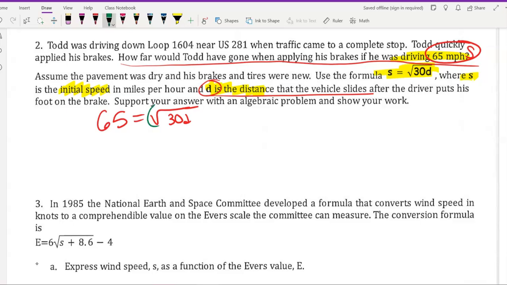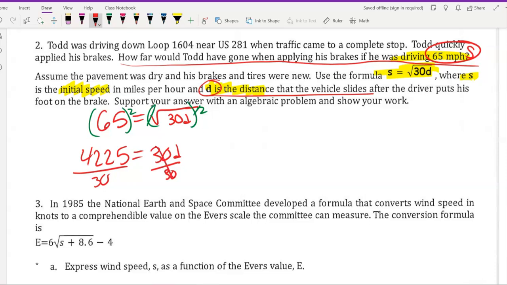So we'd first square both sides. 65 squared, well, let's see, 65 squared is 4225. Divide by 30, which is going to give us D equals 140.83.